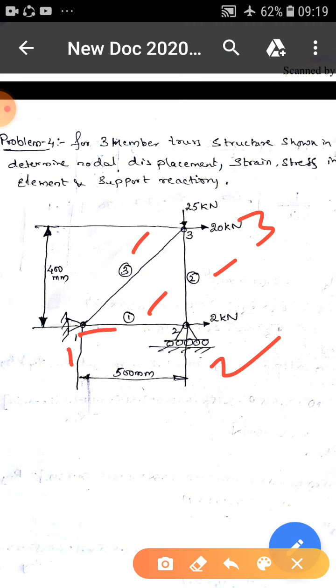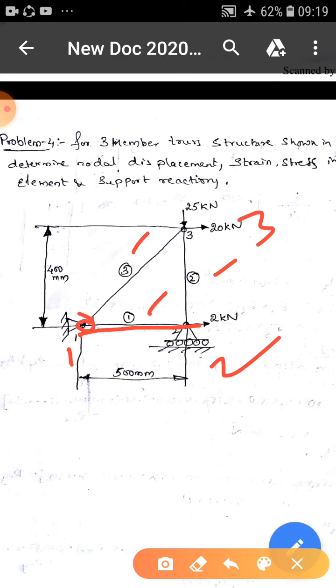See here, in this problem you can write your own local nodes, local node 1 and 2. You can make a difference, but those nodal displacements will come out to be the same, 1 2 3.